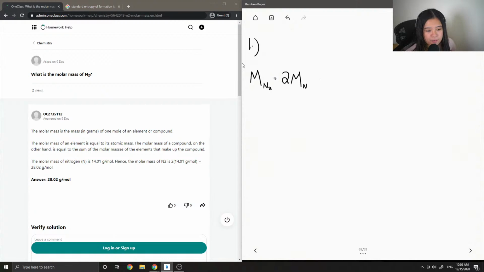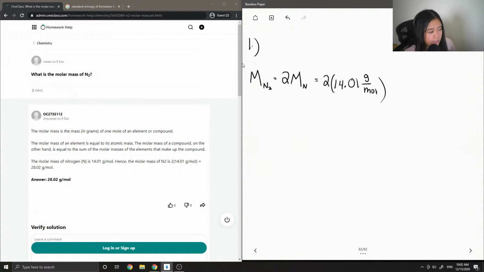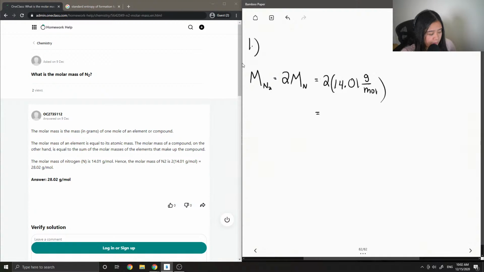These values can be found on the periodic table, under atomic mass or atomic weight. If we plug it in, you'll see that the molar mass of a nitrogen atom is 14.01 grams per mole. Since there are 2 nitrogen atoms in N2, we multiply it by 2 and end up getting 28.02 grams per mole.